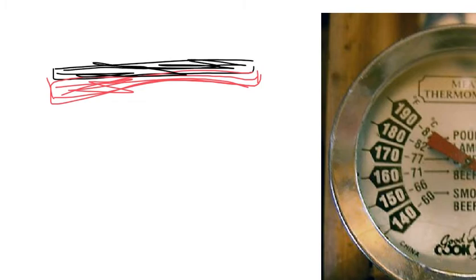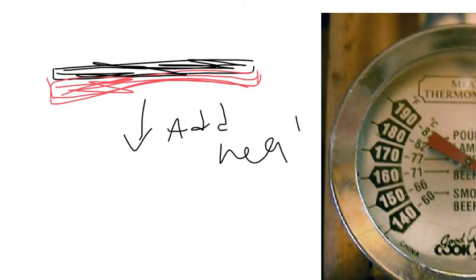So they're going to expand when their temperature changes. If they heat up, they expand. And basically one of these metals will expand more than the other one. But since they're bonded together, that's going to cause this thing to bend. So when it heats up, add heat, then this thing's going to bend.